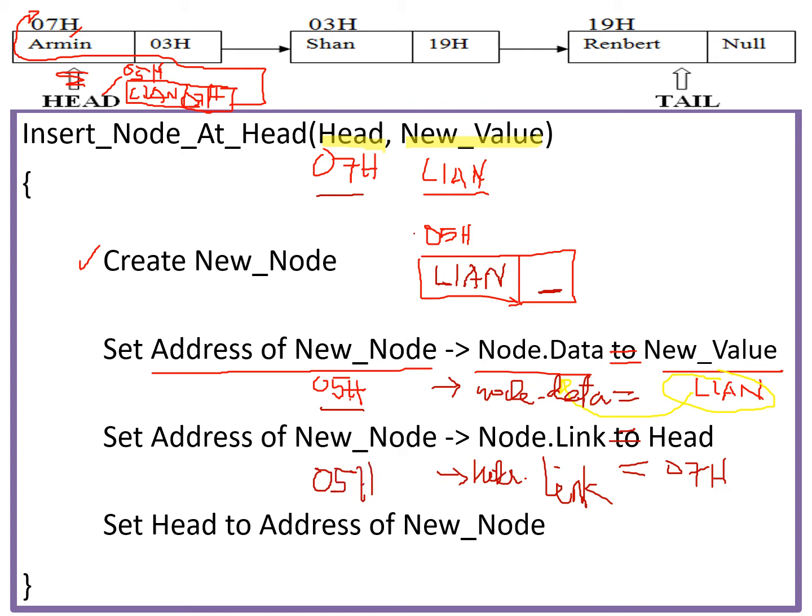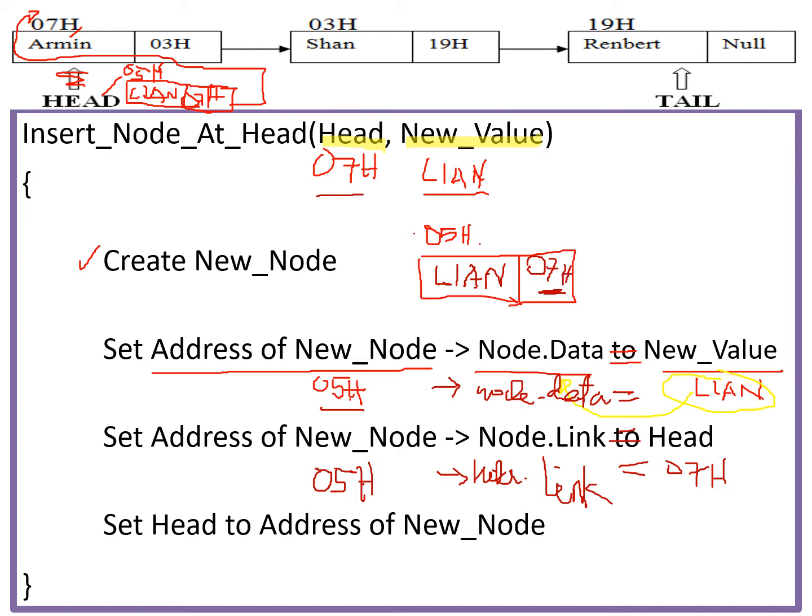So, 05H referencing to node.link is equal to 07H.